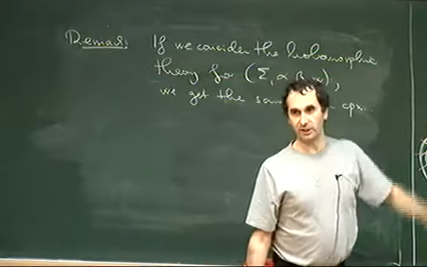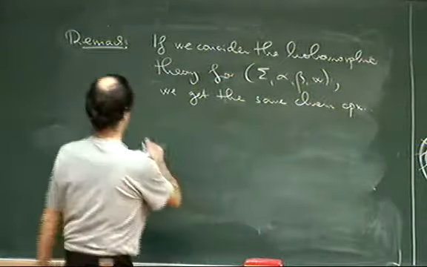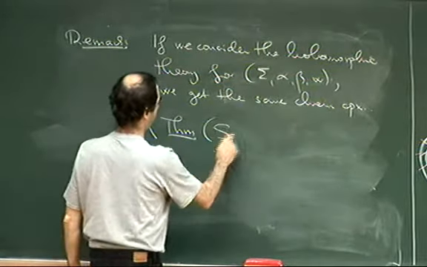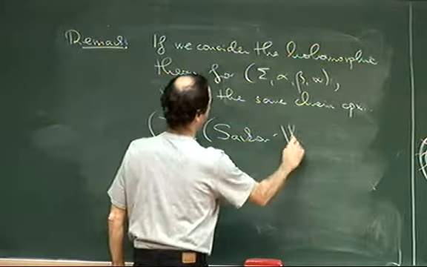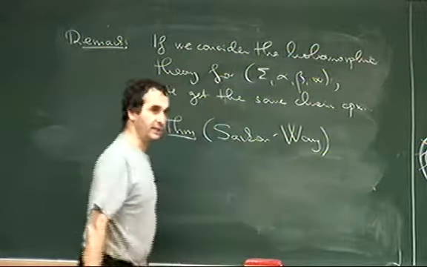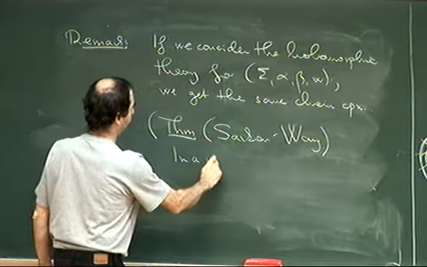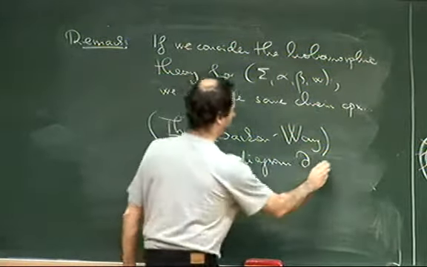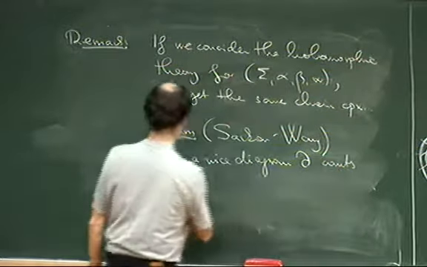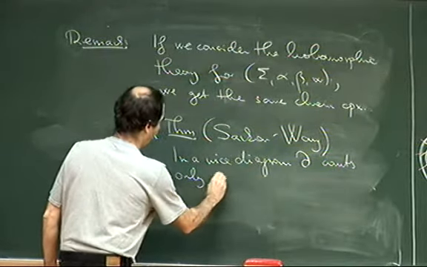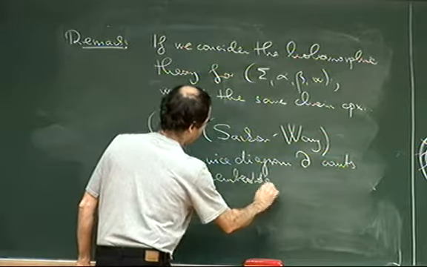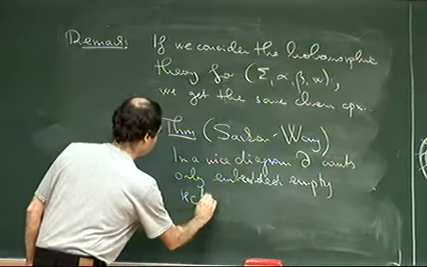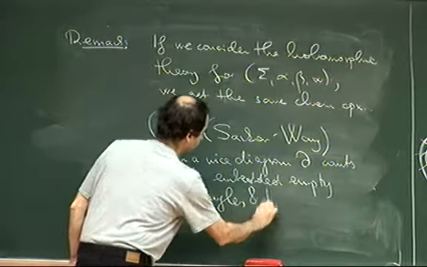So this is the theorem of Sucharit Sarkar and Jiajun Wang, saying that in a nice diagram, the boundary map counts only embedded empty rectangles and bigons.